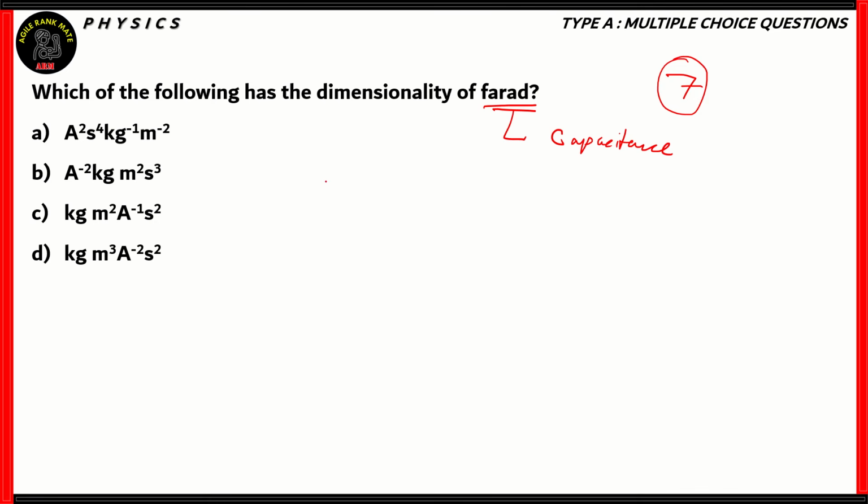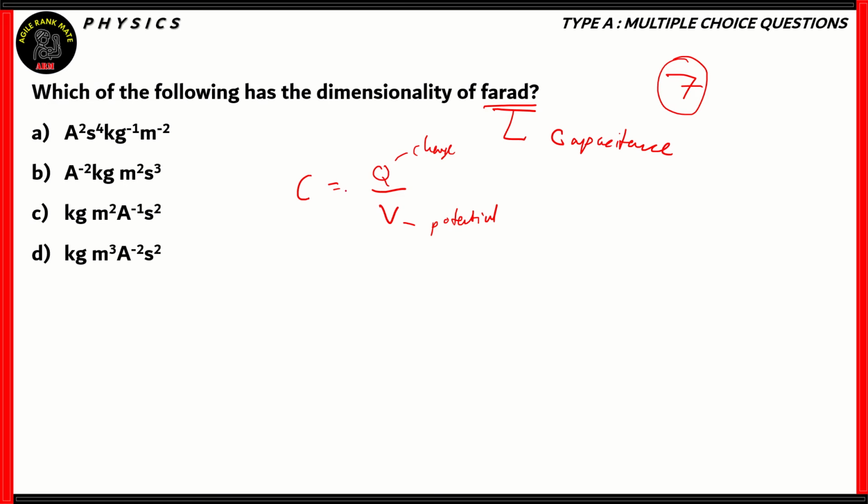So, how do we solve this question? Well, for that we need to find some way to relate capacitance with other quantities. For example, the capacitance in a capacitor is given as Q over V, where Q is the charge and V is the potential.